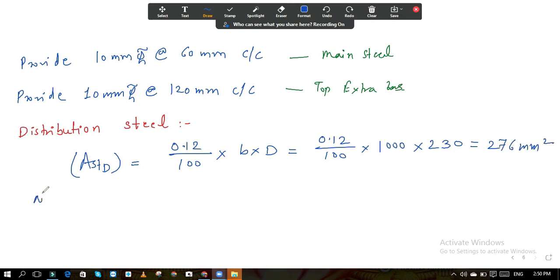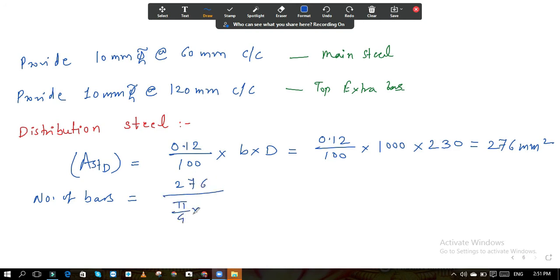276 mm square. So number of bars. Before that, you write down assume 8 mm bar diameter. For distribution steel, we take the bar diameter generally 8 mm. So you write that sentence.